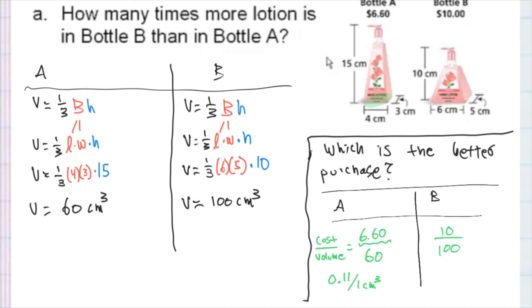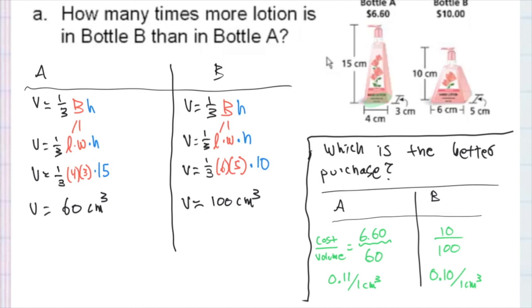And then for bottle B, if we do 10 over 100, we get 0.10 per centimeter cubed. So which one costs less? Okay, which do you get more of? And it looks like per centimeter cubed, it's going to be bottle B.